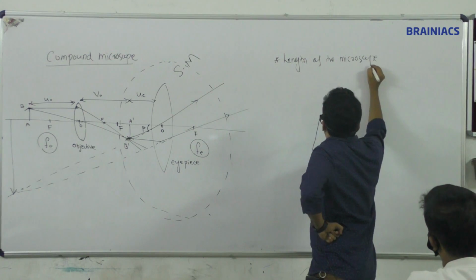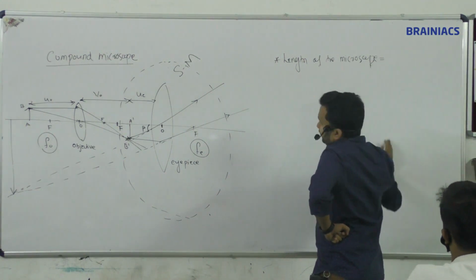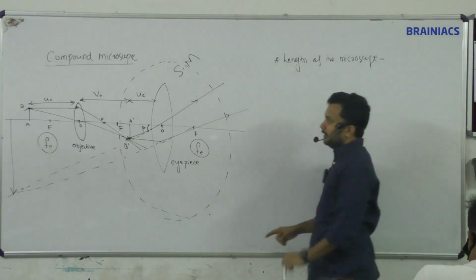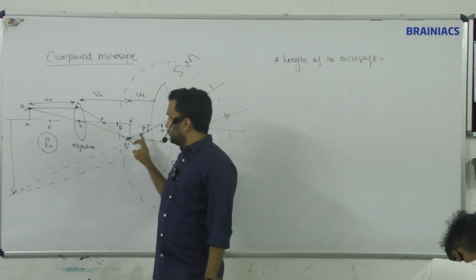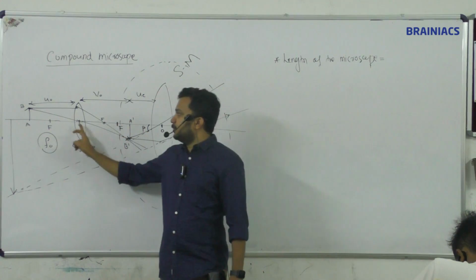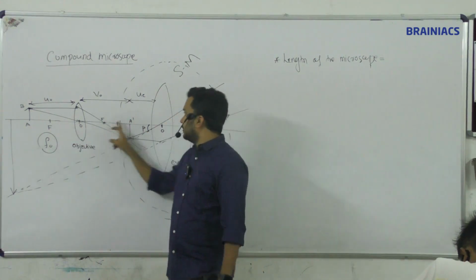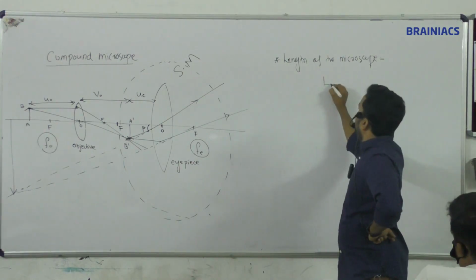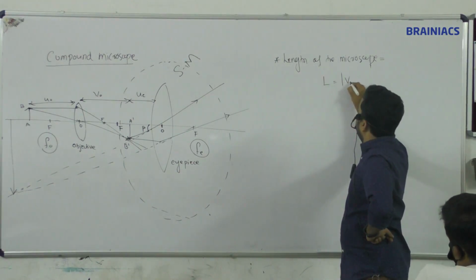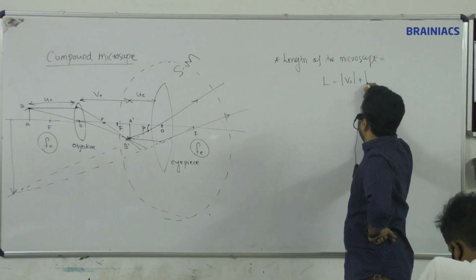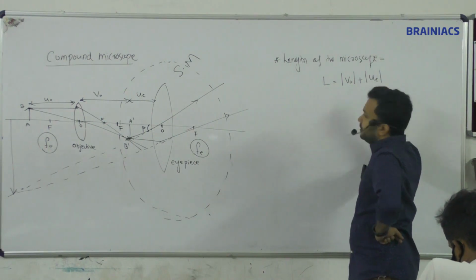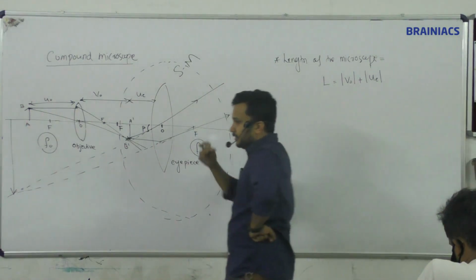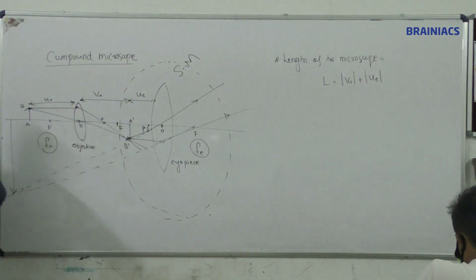The length of the microscope is the tube length. The tube means the eyepiece lens is very close to your eye and the objective lens is very close to your object. So what is the length of the tube? V0 plus UE. So length L equals magnitude of V0 plus magnitude of UE. Length is positive. So V0 plus UE is the length of the microscope.